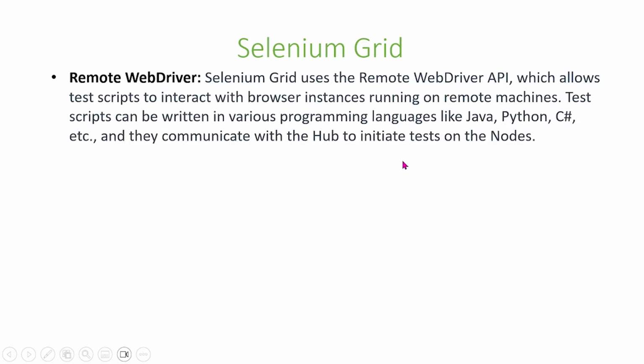Also, remote WebDriver. Selenium Grid uses the remote WebDriver API, and this allows test scripts to interact with browser instances running on remote machines. The test scripts can be written in various different languages like Java, Python, C#, and they can communicate with the hub to initiate tests on nodes.